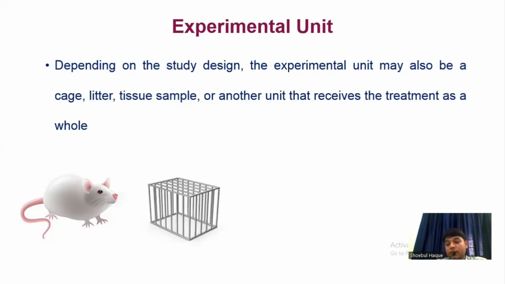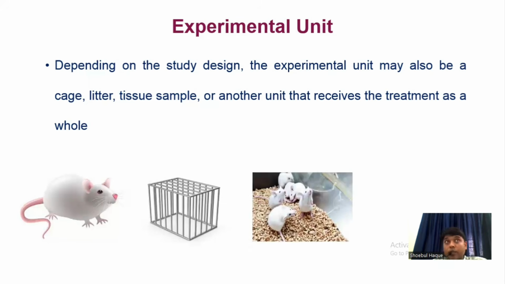But sometimes the cage could be an experimental unit if we provide the treatment not individually to the rat, but in the form of diet or sometimes drinking water. The treatment is mixed in drinking water. In that case, the experimental unit is different. We'll take the cage as the experimental unit, not the rat.